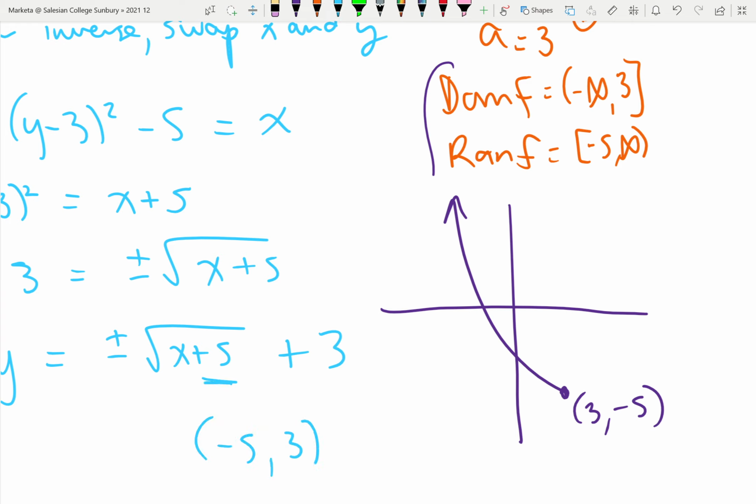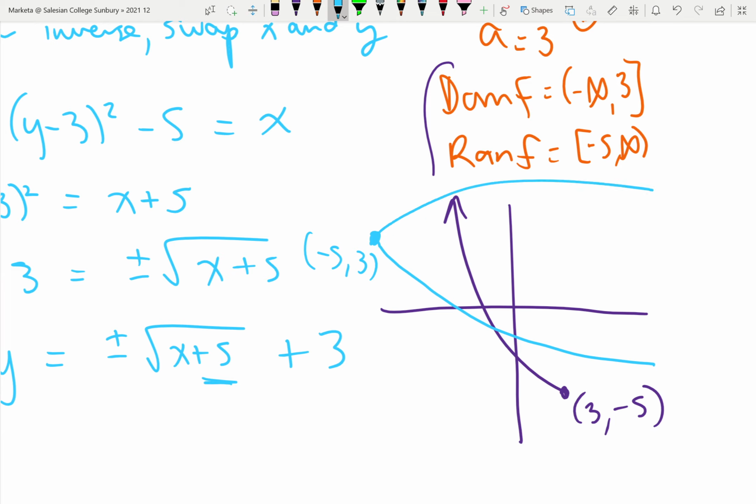I could either look from the rule or I could just swap around my x and y values there. So (-5, 3), let's say it's somewhere here. I'll try and make it more of a mirror image. Let's say it's here. So it's either going to look like this, or it's going to look like this, and that's what I need to decide.